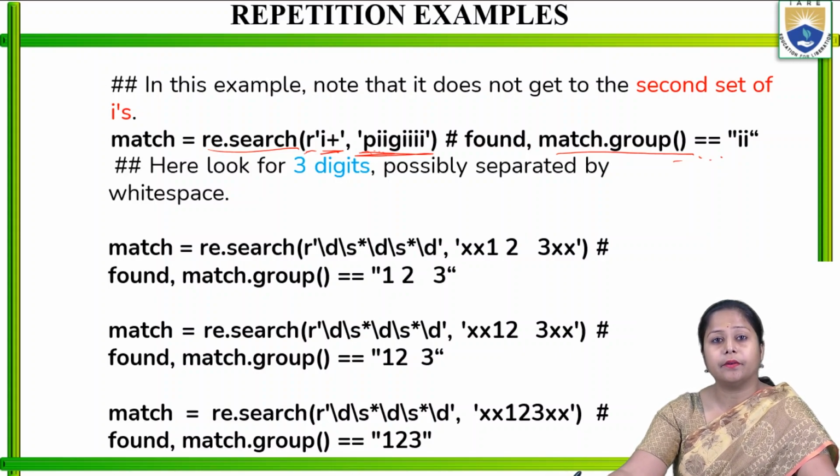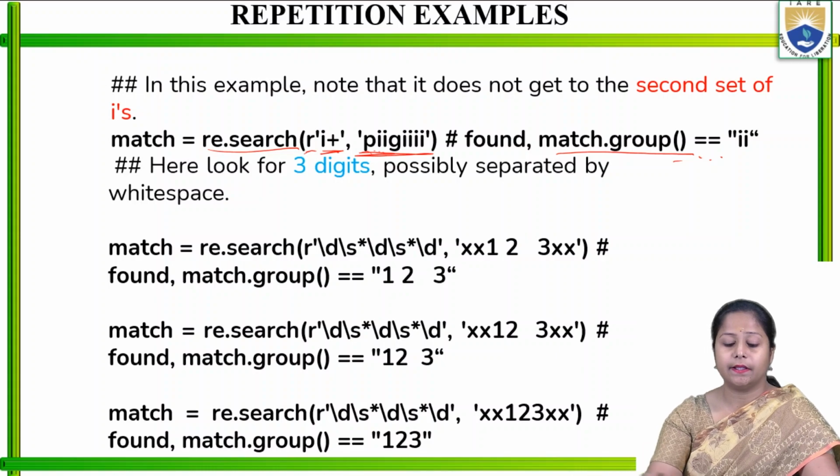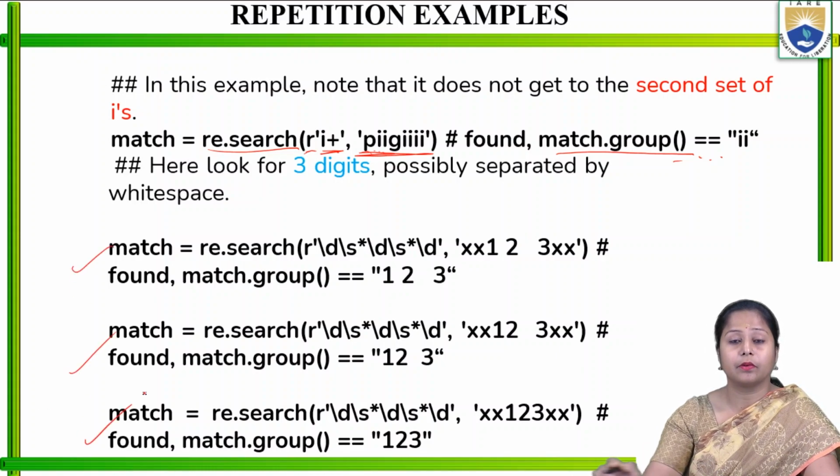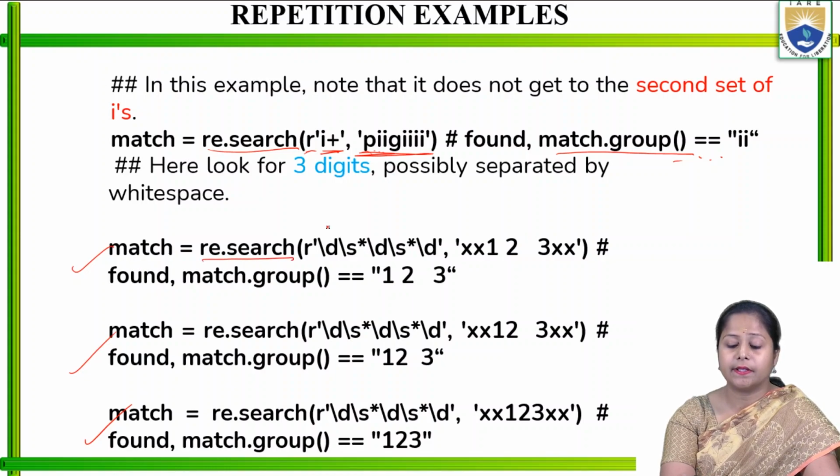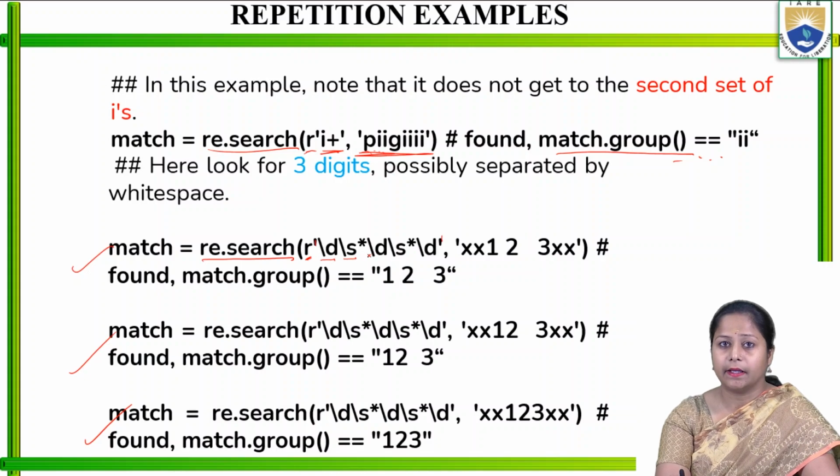Here, if you consider 3 digits, possibly separated by white spaces, then I need to just consider these 3 digits. So the code is match = re.search(r'\d\s*\d\s*\d', 'xx12 3xx'). All of these are small letters, and the string is in single quotes.